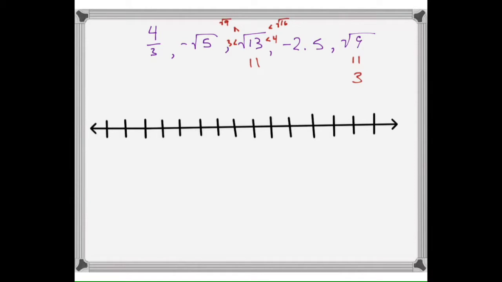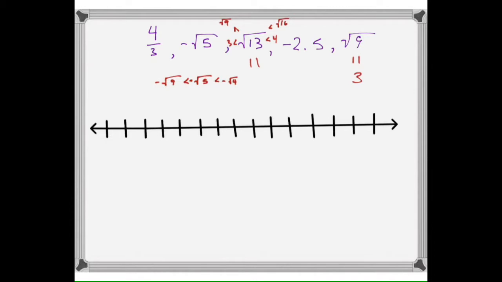Negative radical 5 has got to be between negative radical 4 and negative radical 9. Now, if we think about this, remember that the bigger the number is negative, the smaller it is. Negative 13 is smaller than negative 12, right?